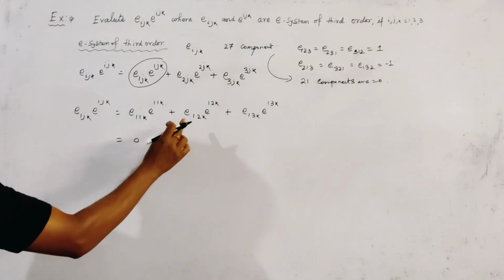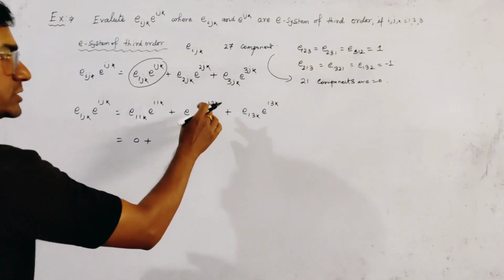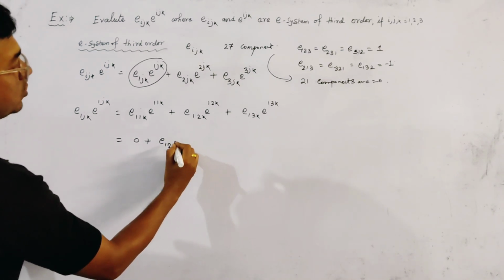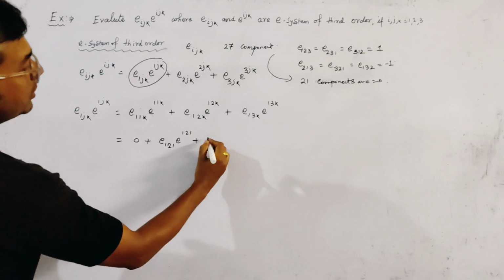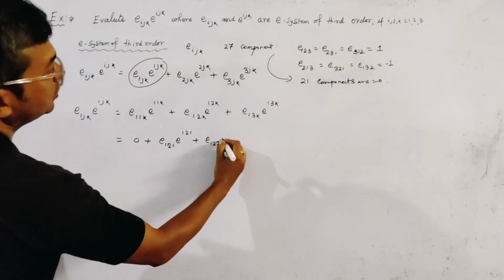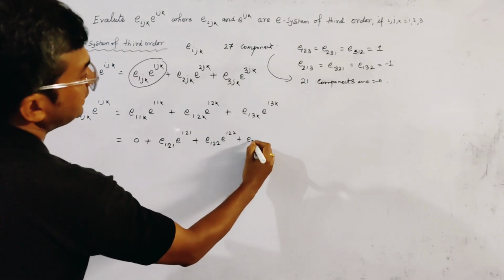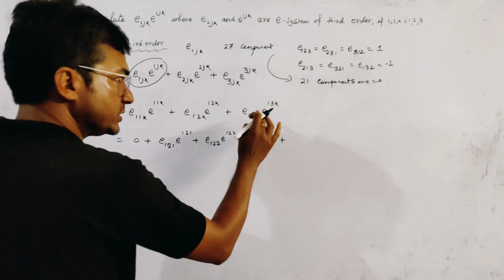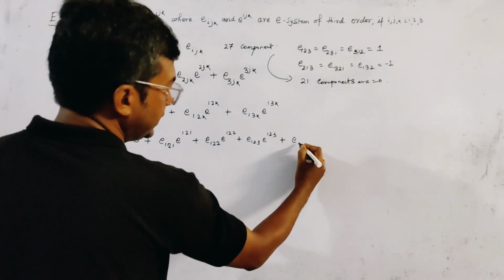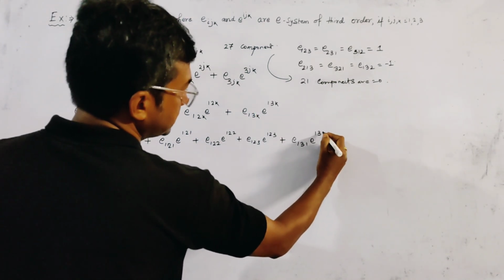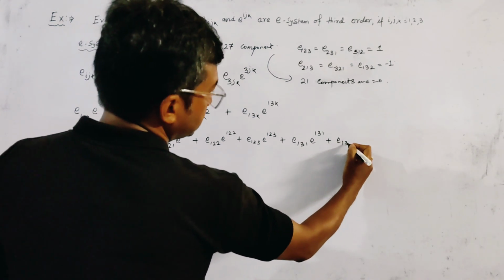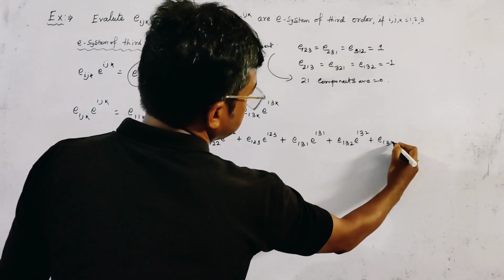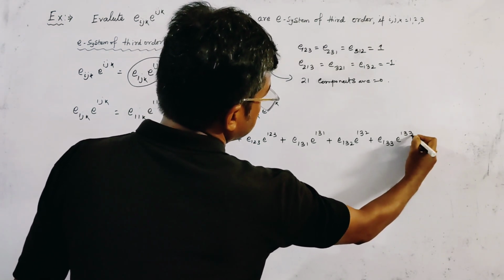Now we expand the second and third terms in the summation convention of k, and get the result as E_121 into E^121 plus E_122 into E^122 plus E_123 into E^123, plus for the third term we get E_131 E^131 plus E_132 into E^132 plus E_133 into E^133.